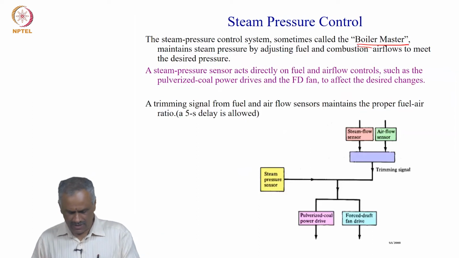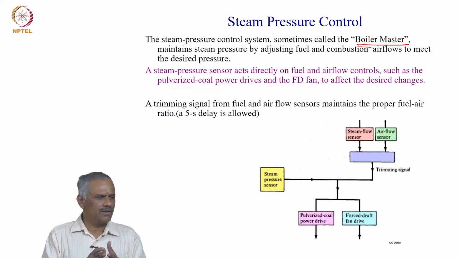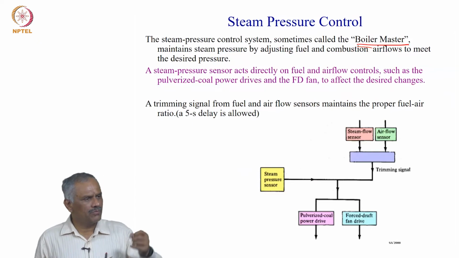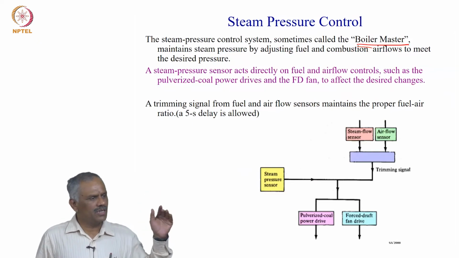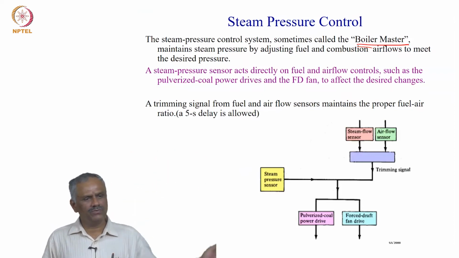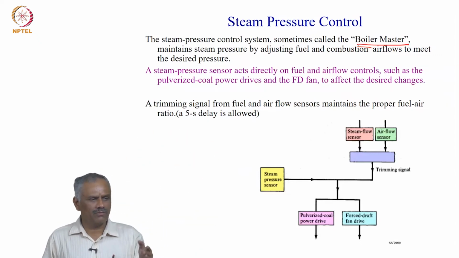I will explain this later. You send fuel and air and it burns here, but if you want to reduce the combustion level, instead of air you circulate the flue gas. Take the flue gas which is going out and put it back. What will happen?